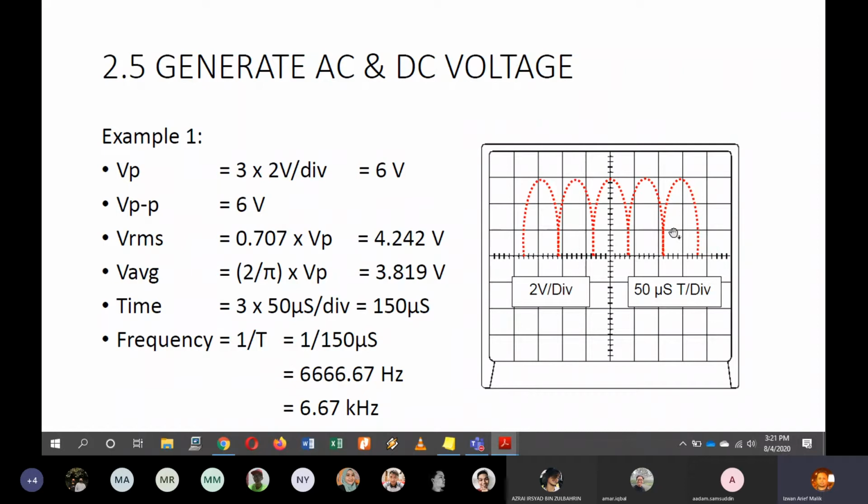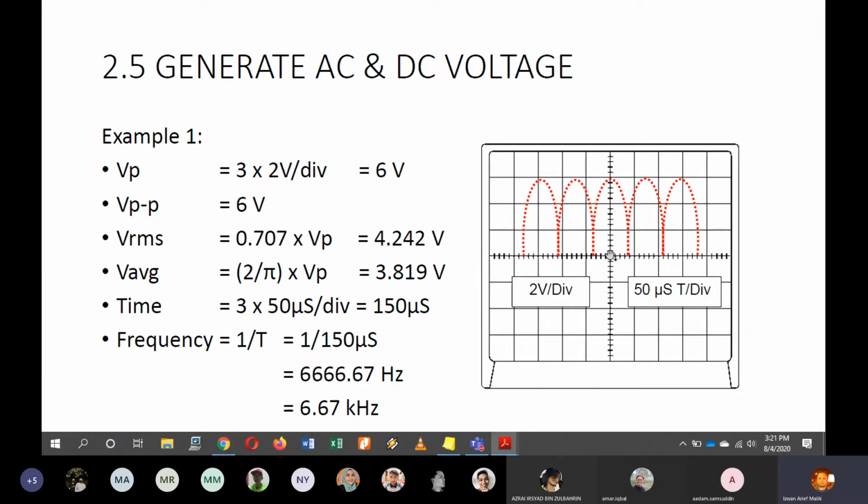So this is your waveform. Okay, if you look at it, it is only available on the positive side of this display. So how do we obtain the value of the V peak? From this line of 0 for the voltage here until the maximum value of this waveform.